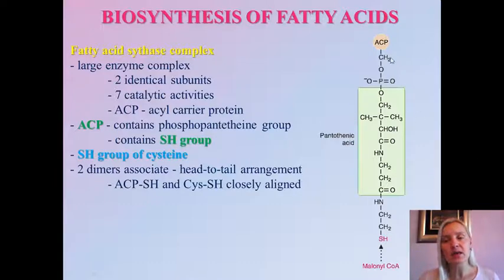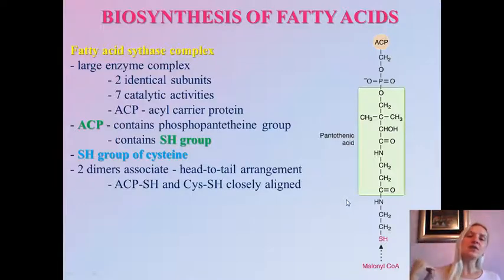and that ACP, or acyl carrier protein, has a very unique structure, which is similar to coenzyme A structure because it contains phosphopantetheine structure like we had in coenzyme A, and also similar to coenzyme A, we have an active sulfhydryl SH group, which is going to be the reactive center of this molecule, to which malonyl coenzyme A is going to bind.